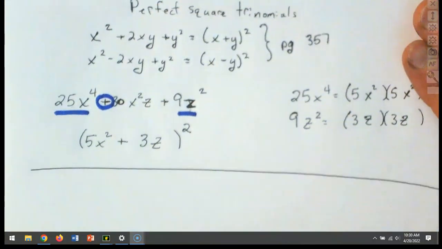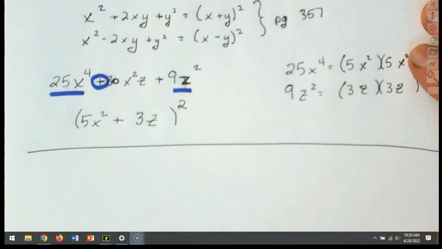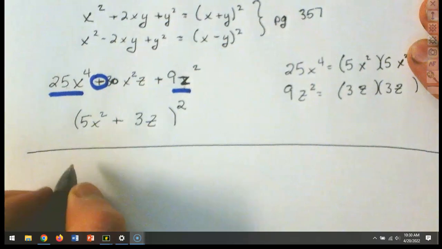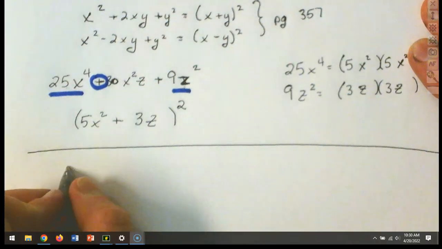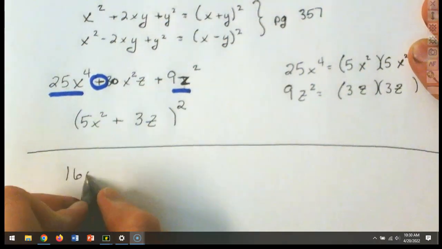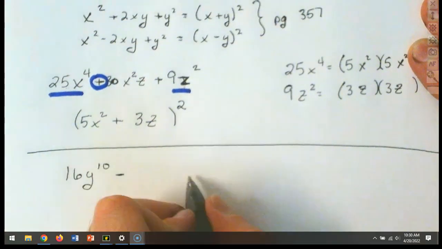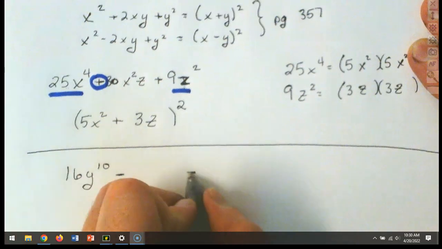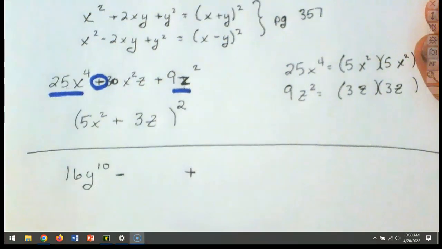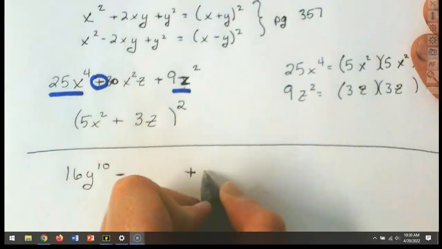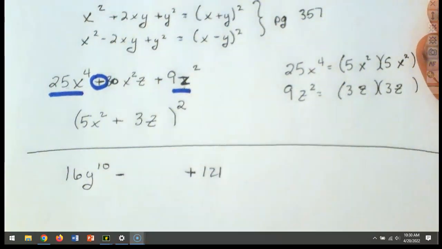So let's try another perfect square trinomial. How about 16y to the 10th? We'll use a minus here, and then we'll put a plus over here. And let's use, how about 121? And let me get the middle so it'll work.